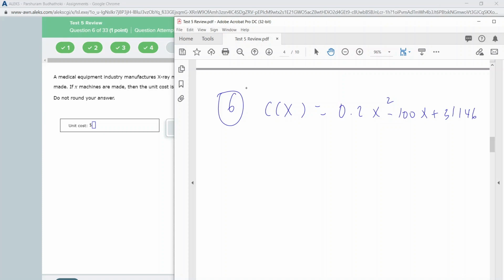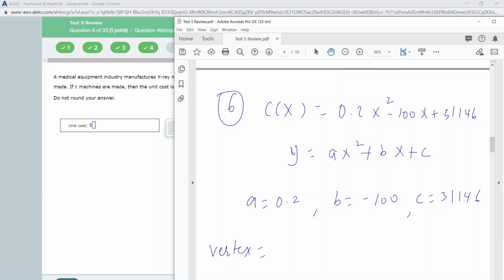If I compare this equation with the standard quadratic function, I find a equals 0.2, b equals negative 100, and c equals 31,146. Now for finding the vertex, because that point gives us the minimum value of this quadratic function, the vertex can be found by using the formula negative b over 2a, comma, the value of the cost at that point.